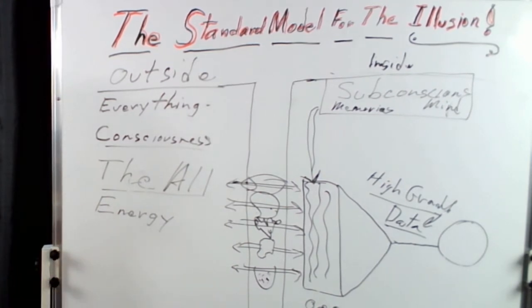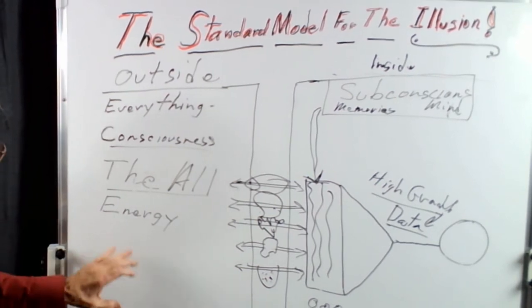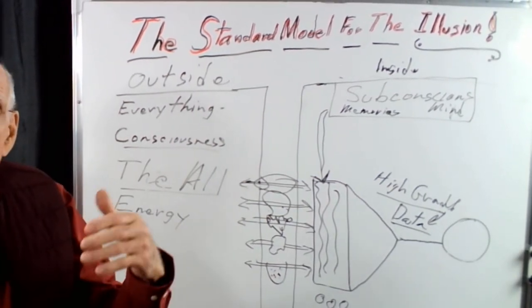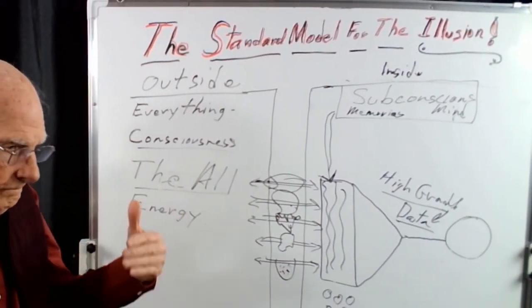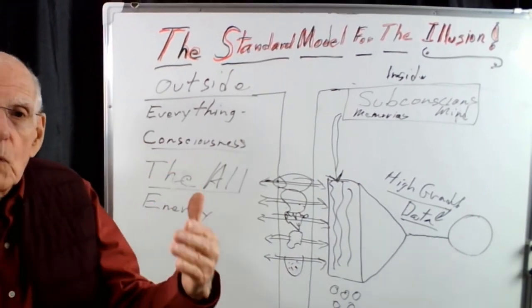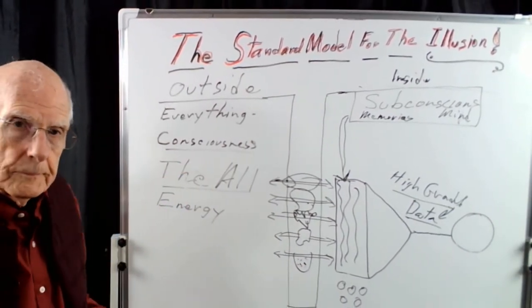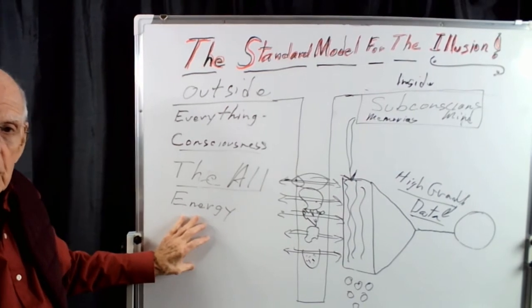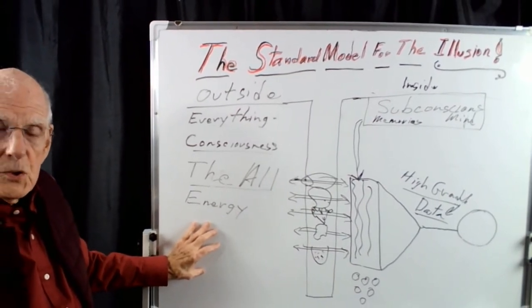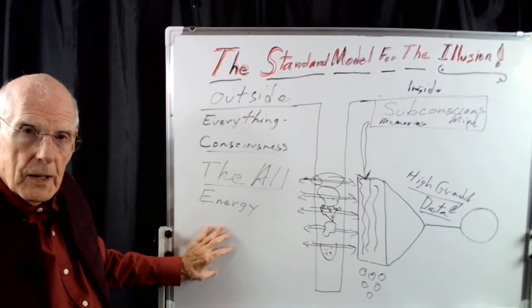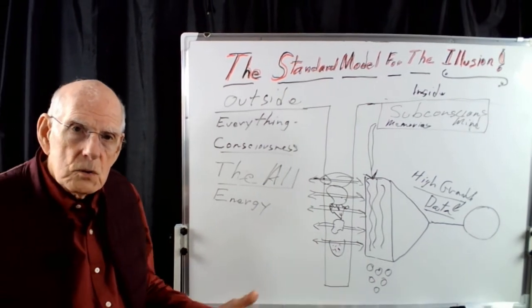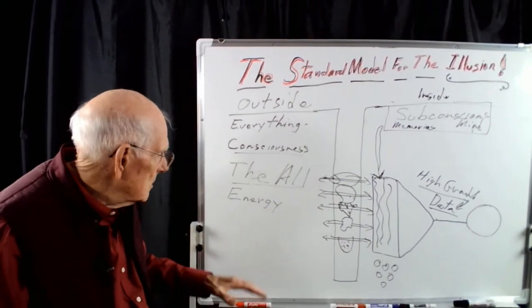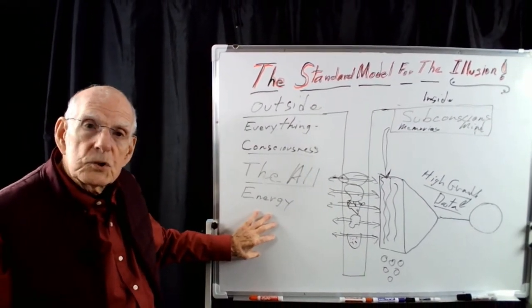Now, a lot of science in the last 100 years. Before that, there was a lot of ancient wisdom that also said, well, all this is information, is data. New science, quantum physics, this is just data.